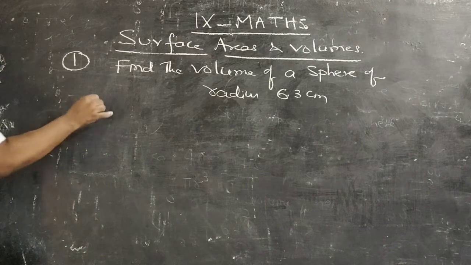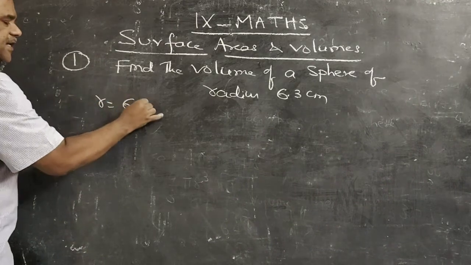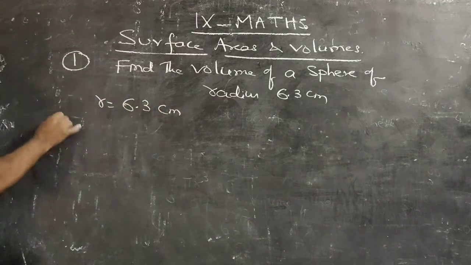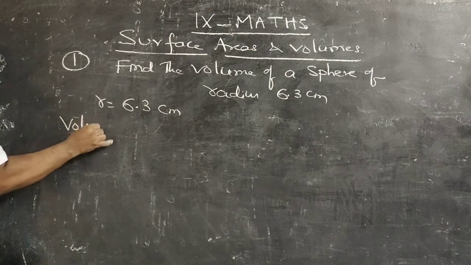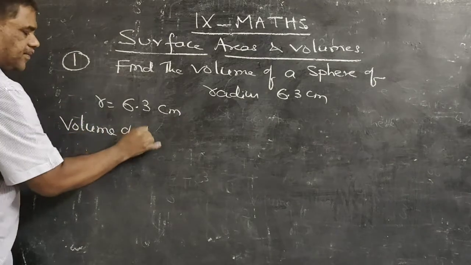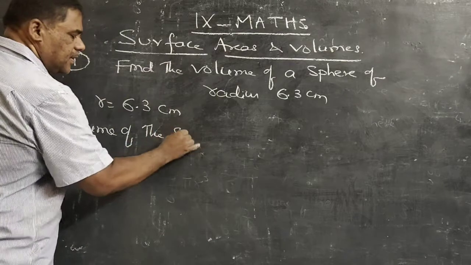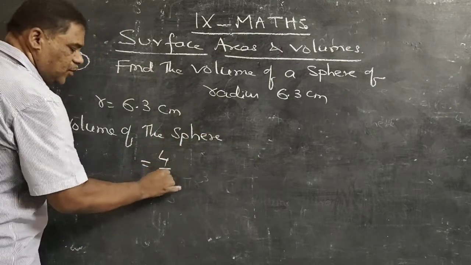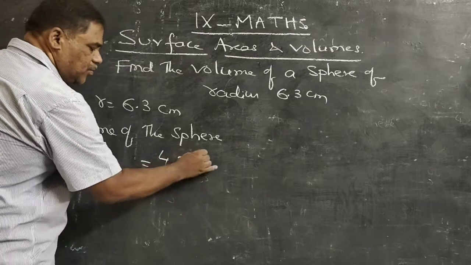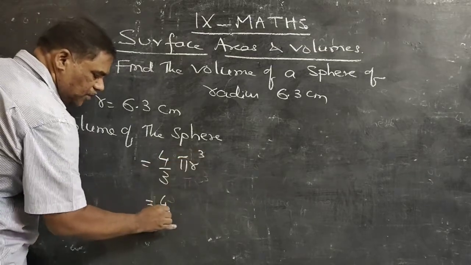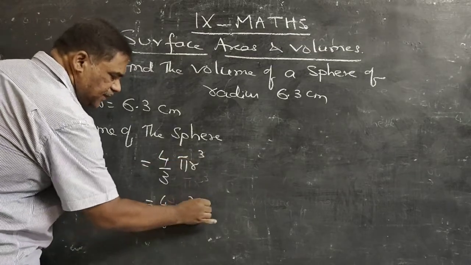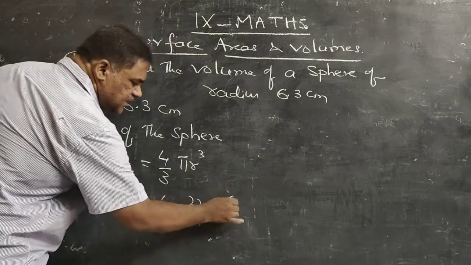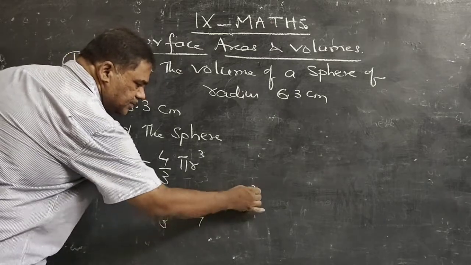Here radius of the sphere is given as 6.3 centimeters. Now we should find volume of the sphere. Volume of the sphere formula is 4 by 3 pi r cube. That is 4 by 3, pi is 22 by 7. This is 6.3 whole cube.